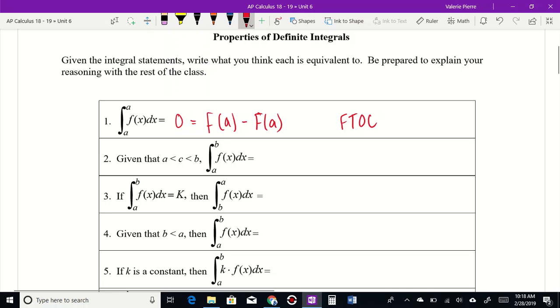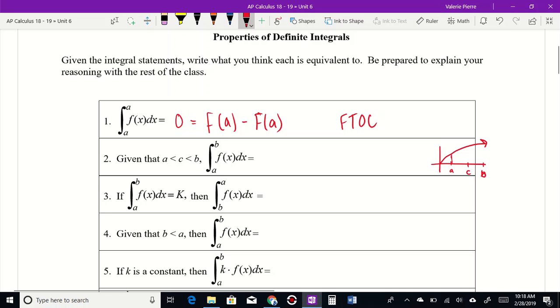Given that a is less than c, which is less than b, the integral from a to b of f of x dx is equal to something. So let's sketch a graph of a function, and we have a, b, and c is going to be in between.